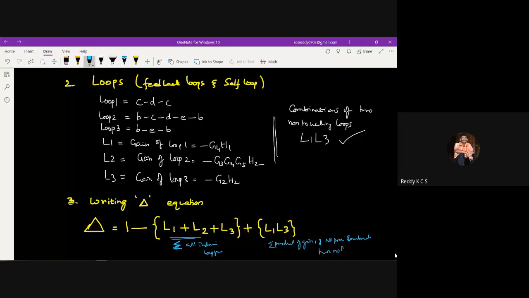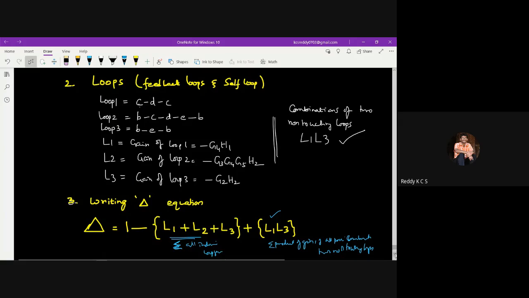If you look at the del equation, you can find that L1 L3 is a product of gains, L1 into L3. There is only one combination, so I have written only L1 into L3. If there is any other combination, for example L2 L3, then plus L2 into L3 you need to write here. Likewise you need to go on. So this is the del equation now.